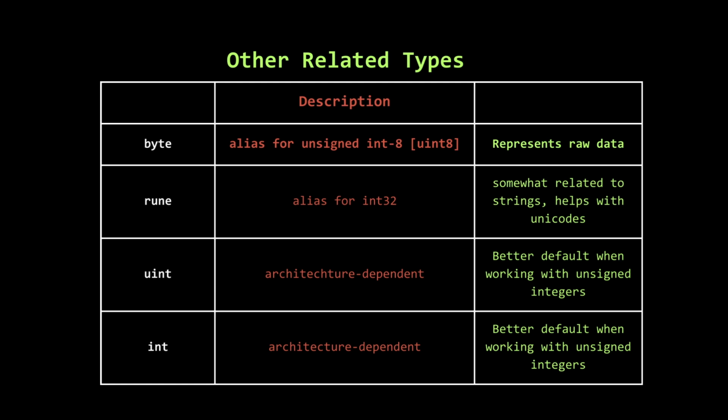That means you can work with numbers in the range that int64 allows. And if it is an unsigned int, that means it works with uint64. But if you're working on something lower or an older system like a 32-bit system, then the unsigned int will be that of 32-bit, and for int it will be int32. So they are architecture dependent.